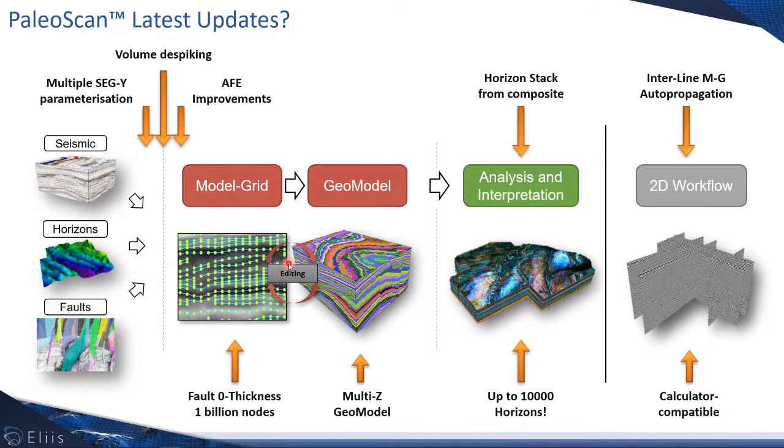And last but not least, we're able to use the 2D lines in the calculator of PaleoScan, which was not available before. And maybe that's a good point for you if you're using some CRS and feeds, if you're working in the Gulf of Mexico and some other areas where you could be glad to use the CRS and feeds. Now we're able to manage the CRS and feed in PaleoScan.